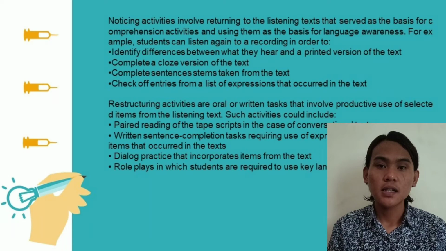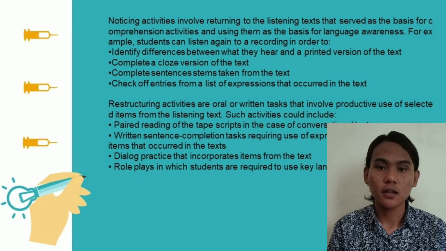For example, students can listen again to a recording in order to identify differences between what they hear and a brief version of the text, complete a cloze version of the text, complete sentences from the text, and check off entries from a list of expressions that occurred in the text.